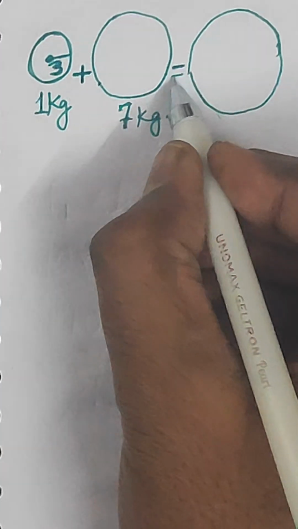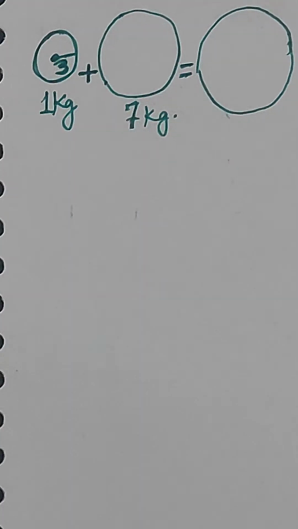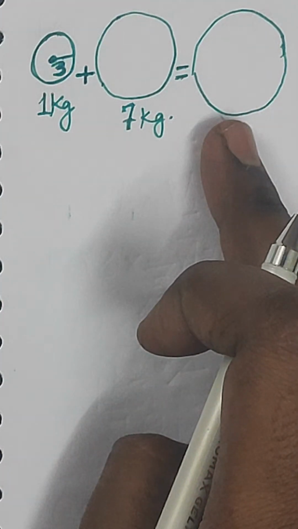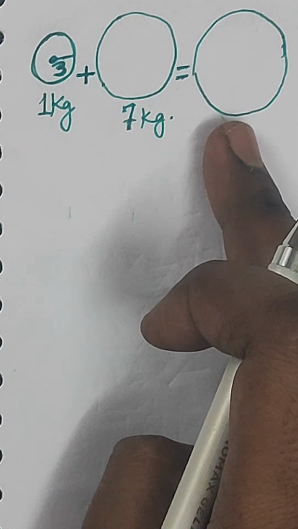Let us say this is the bigger sphere, right? This is happening. This is the big sphere. Now it's given that the two spheres are melted to form a single big sphere. Find the diameter of the new sphere.